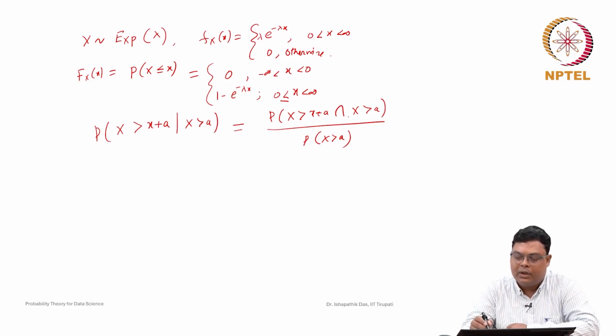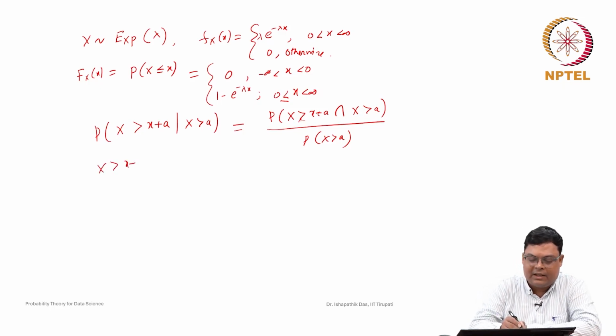Now, the event X greater than x plus a is a subset of the event X greater than a, because if X is greater than x plus a, then X is greater than a. So, X greater than x plus a implies X greater than a. Hence, the intersection of X greater than x plus a and X greater than a is nothing but the event X greater than x plus a.